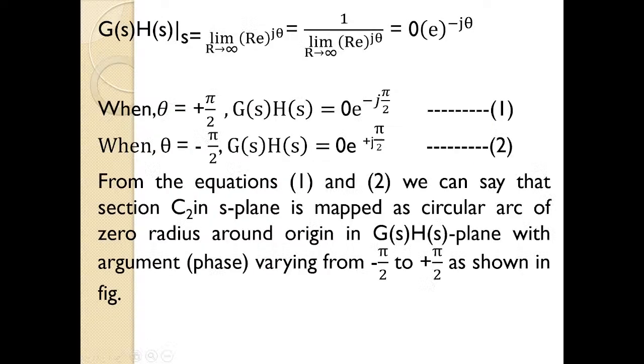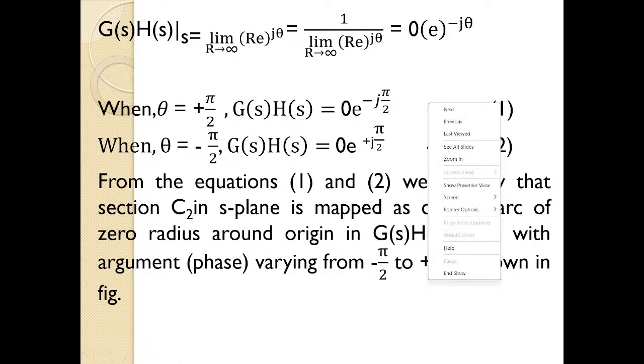Now substitute the limit terms in G of S, H of S at S equal to limit R tends to infinity R e power j theta. In 1 by S you will get 1 by limit R tends to infinity R e power j theta.